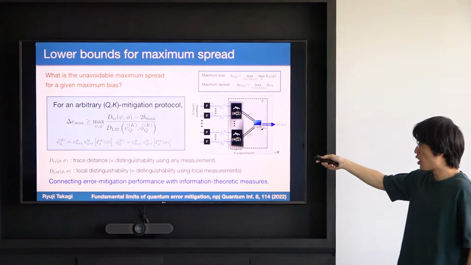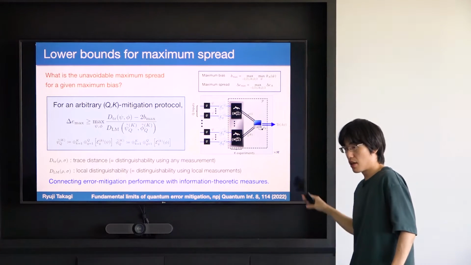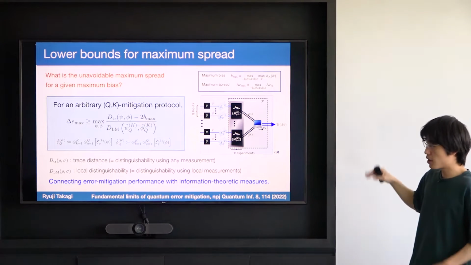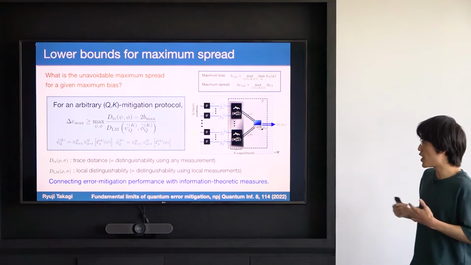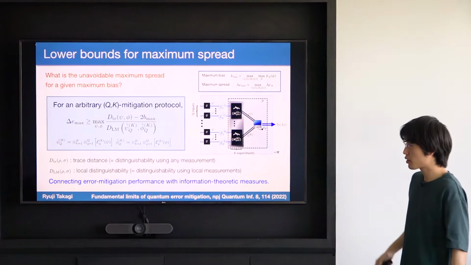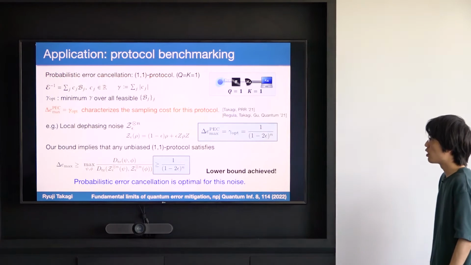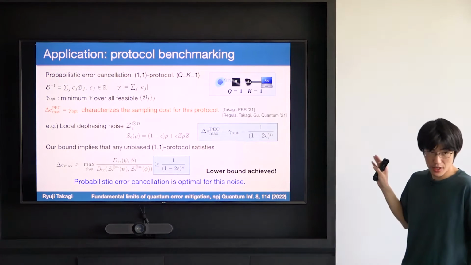If you are okay with a larger bias, then the right-hand side decreases a little bit, so you might be able to realize a smaller maximum spread.